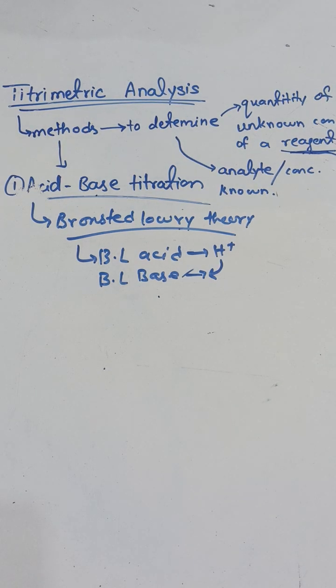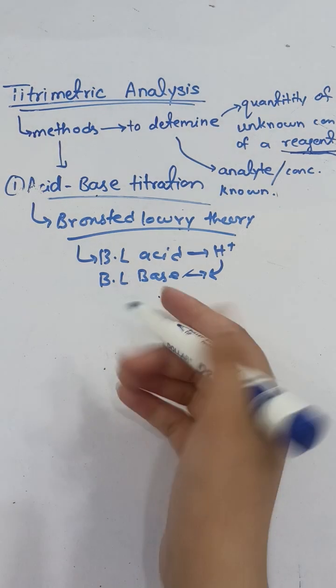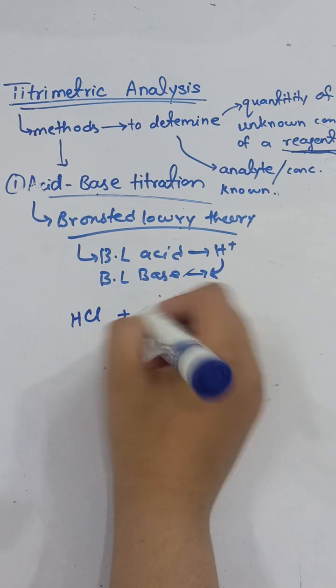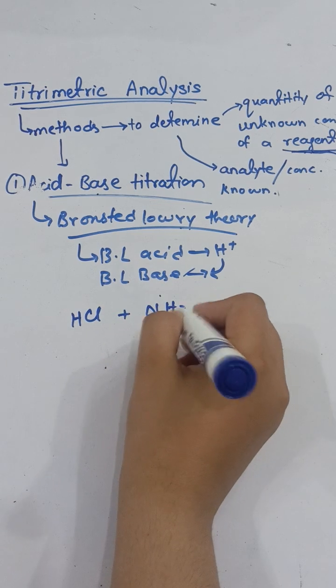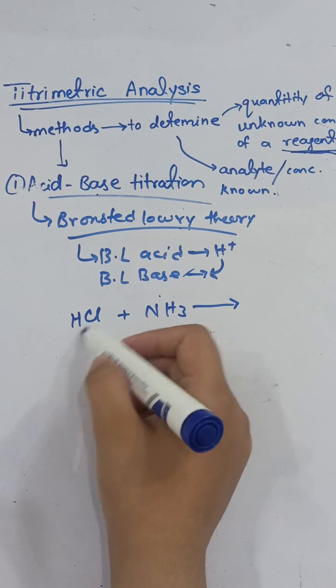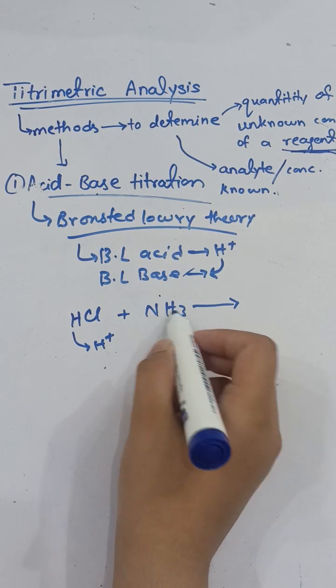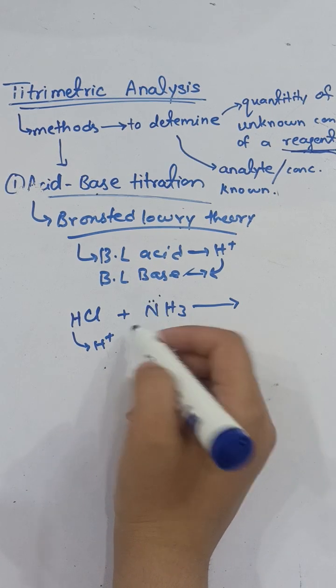In the case of Bronsted Lowry theory, water is amphoteric because it can act either as a Bronsted Lowry acid or a base. I'm going to give you an example: HCl plus NH3, which is a base. The HCl will donate its hydrogen positive ion, and NH3 has a lone pair on the nitrogen atom.